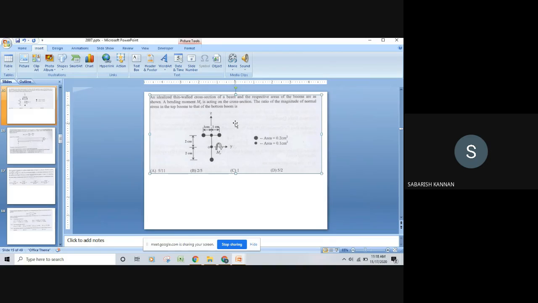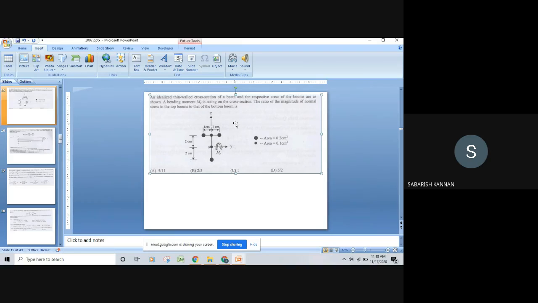You just see the diagram. We have a thin-walled section. They have given the stringers, that is boom areas or lumped areas. We call them lumped areas, booms or stringers, right? The bigger dot area is 0.2 centimeter square, and the smaller dot is 0.1 centimeter square.